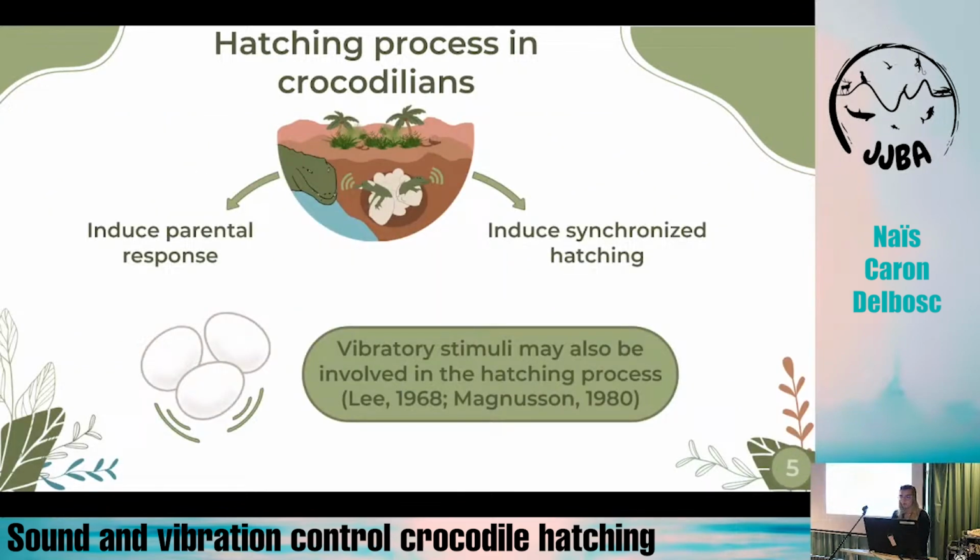So this hatching call appears to act both as an inducer of parental response, but also to synchronize the hatching of the young. And some authors suggested that there are also vibrational signals that could be involved in this mechanism, but there is no study for the moment in crocodilians.